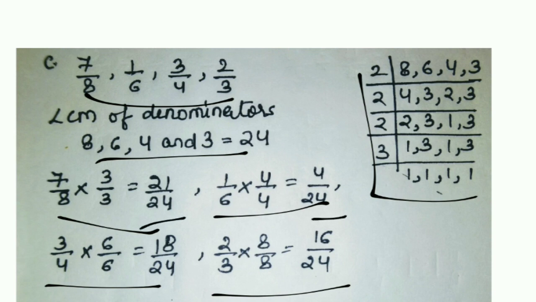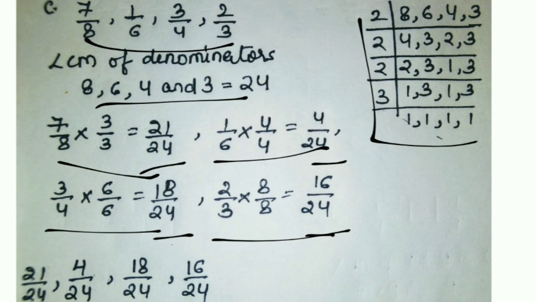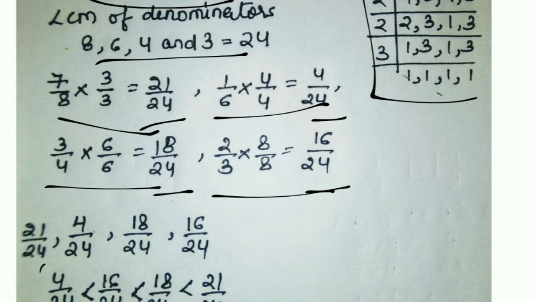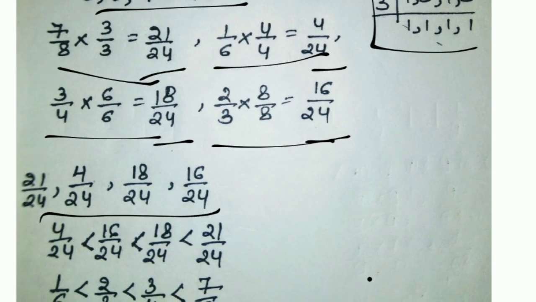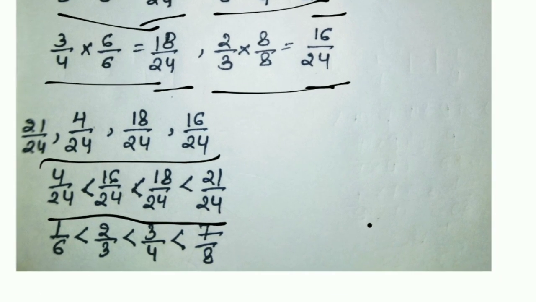Equivalent means we want all the denominators to be the same first. After that we will compare them. Then after comparing, we will write the ascending order. After the ascending order, we will write the actual numbers, what number was in the previous step.